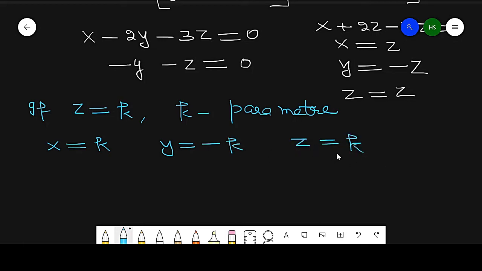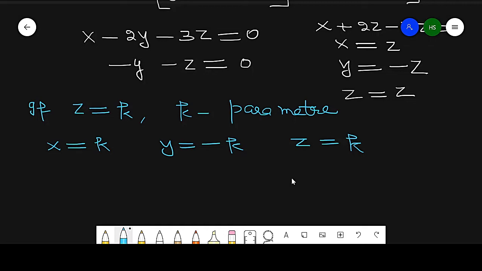So this is a solution of the given equation. So it is an infinite solution. These are the non-trivial infinite solutions. So in this way we can find the solution of the given equations.